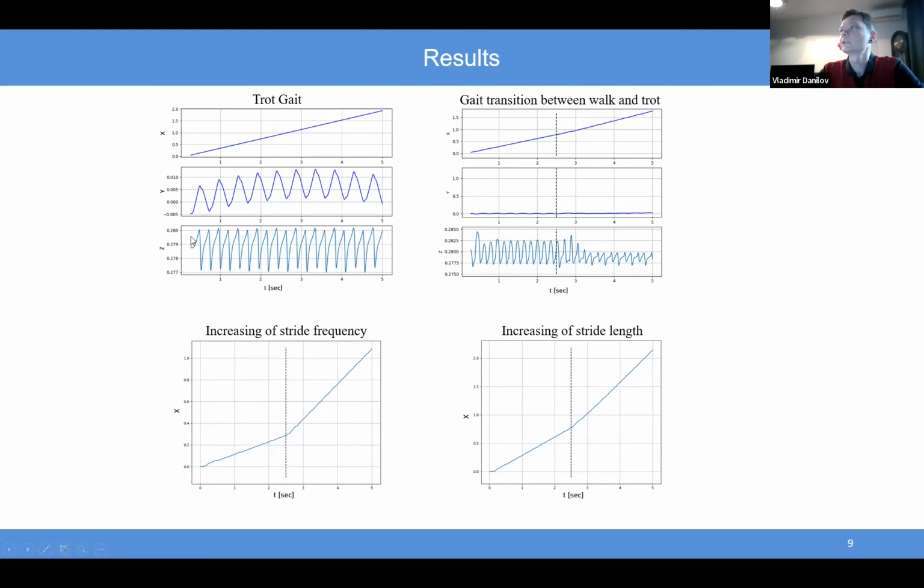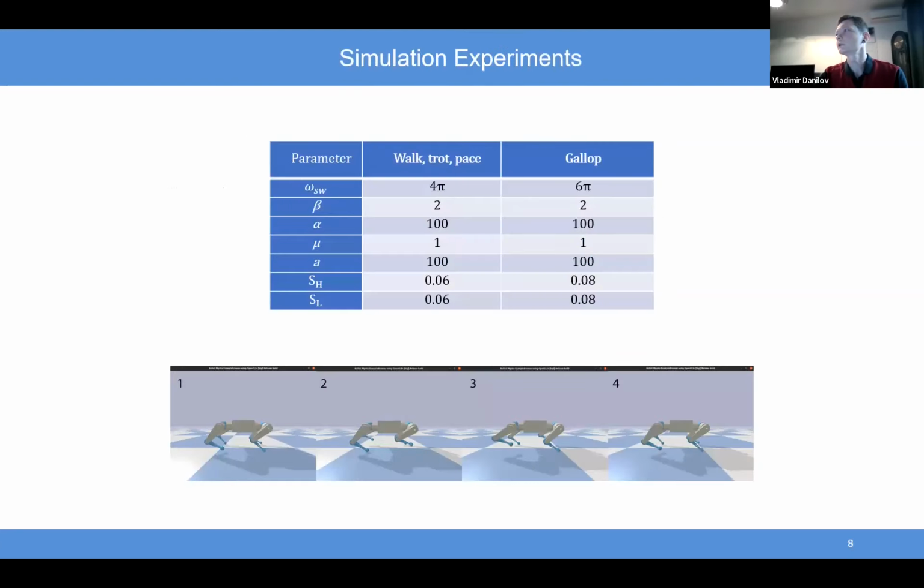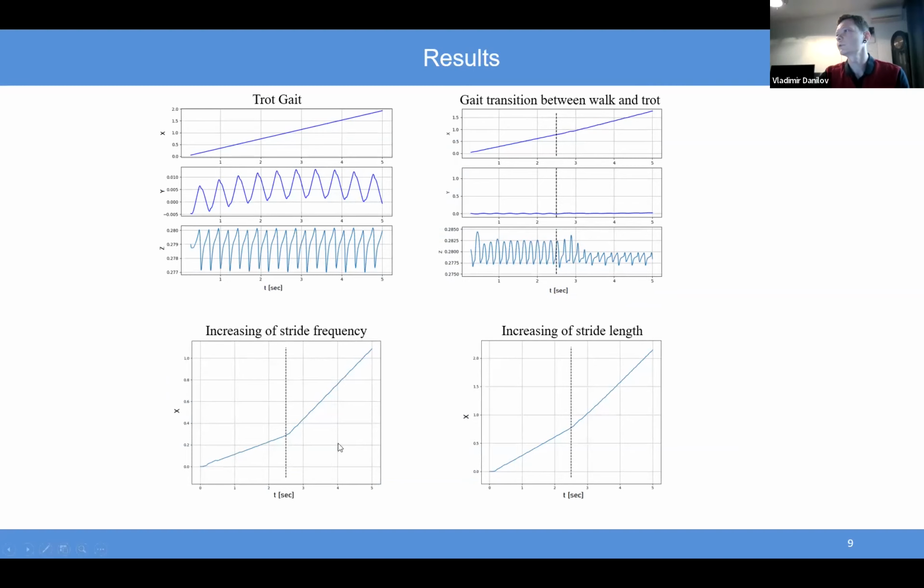The first one is just trot gait. Then here is gait transition from walk to trot. And here is increasing of stride frequency and stride length. The transition was made, if I'm not mistaken, from 4π to 8π.